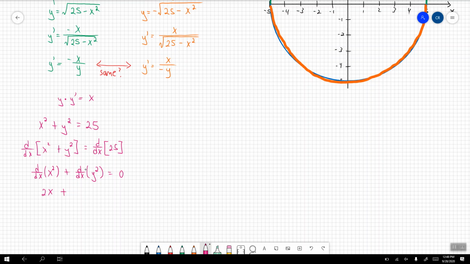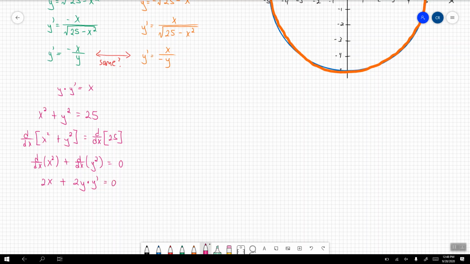The chain rule says you differentiate the outer function, which means we drop the exponent forward and get 2y, and then we multiply by the derivative of the inside function. The inside function in this case is my y function, so I multiply by y prime. All of this is equal to 0.